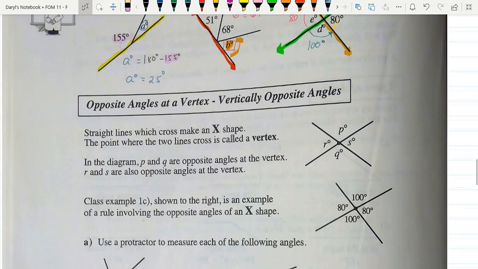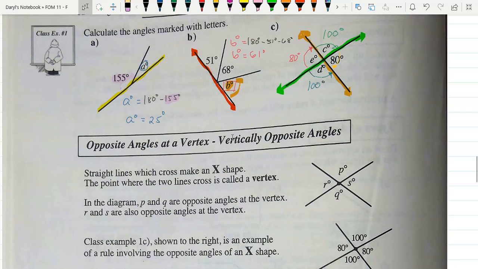So these are what we call the opposite angles at a vertex. Opposite angles at a vertex, we also call them vertically opposite angles.